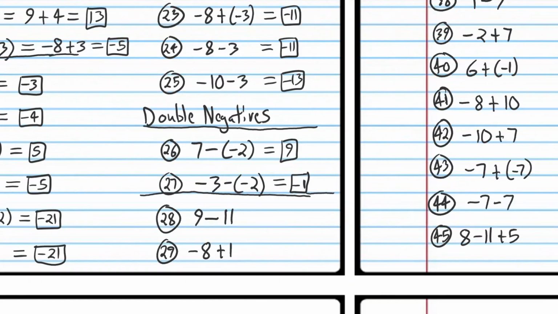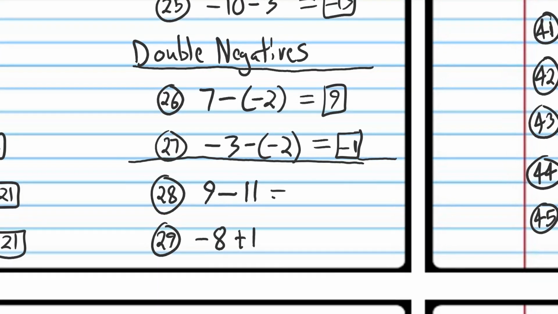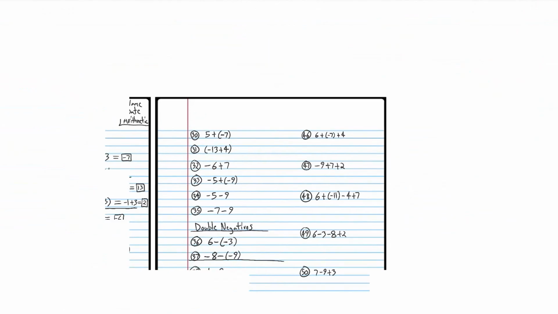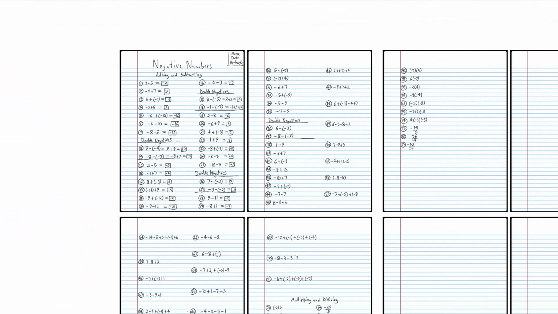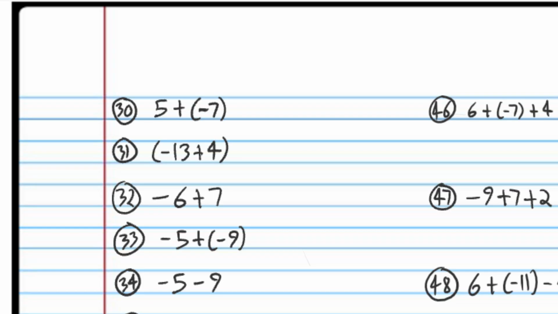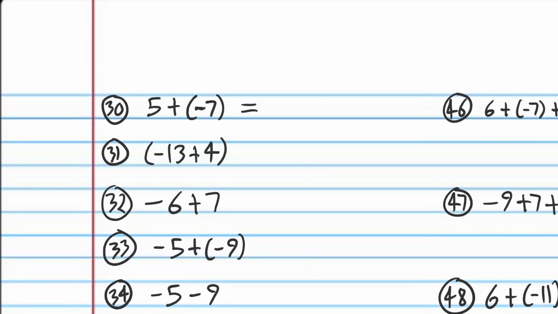All right, we're back. 9 minus 11, that would be -2. -8 plus 1 is -7. 5 plus -7 is -2. -13 plus 4 is -9.